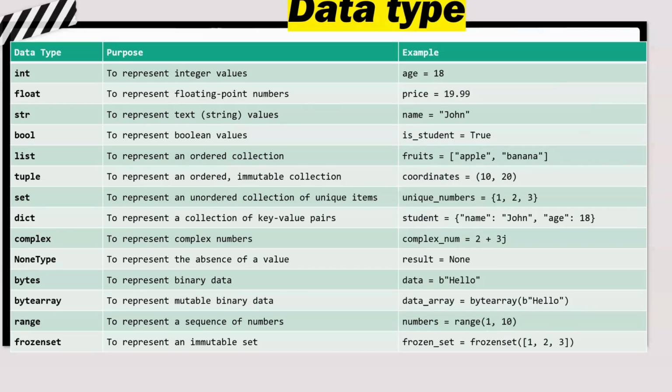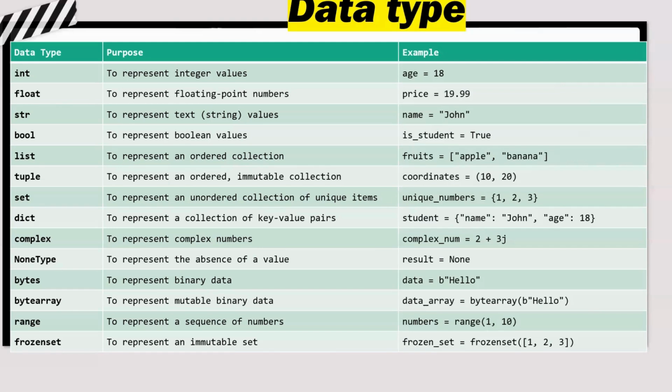Complex: to represent complex numbers, so we can take 2 + 3j. Then NoneType: to represent result = None. Then bytes: to represent binary data. Then bytearray: to represent mutable binary data.